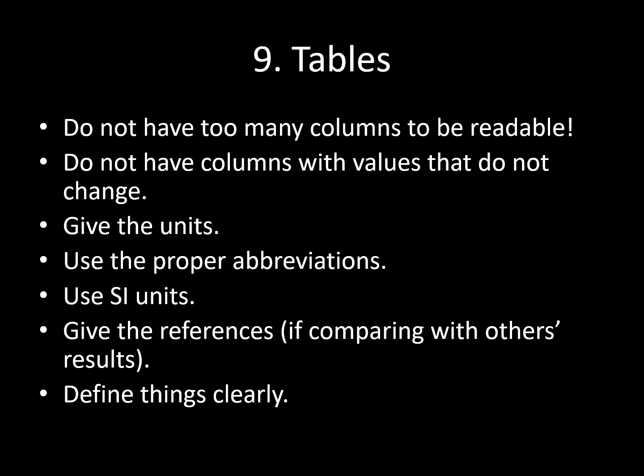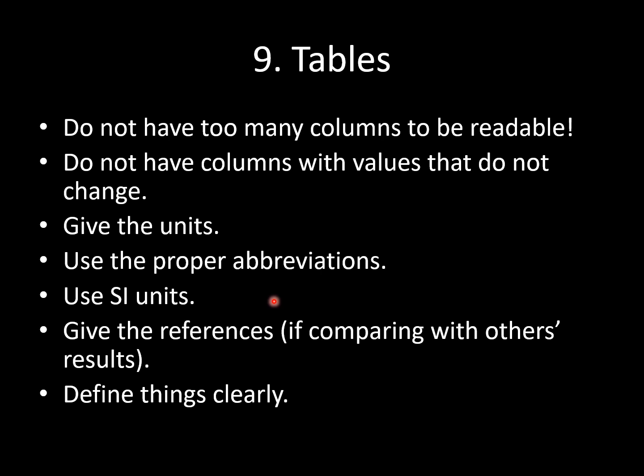Tables. Tables are great because you can put lots of information in them, make it really nice and clear, and it's easy to read. But don't have too many columns to be readable. Don't have a column that's got values that don't change. That's just taking up space. Always give the units, or use the proper abbreviations, and we're expected always to use SI units.